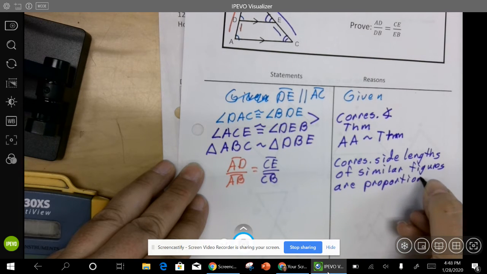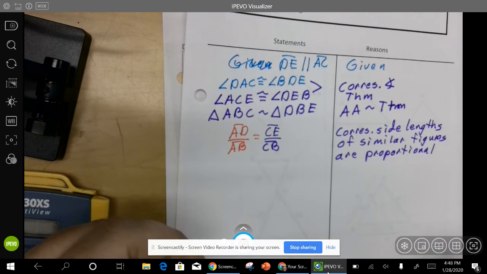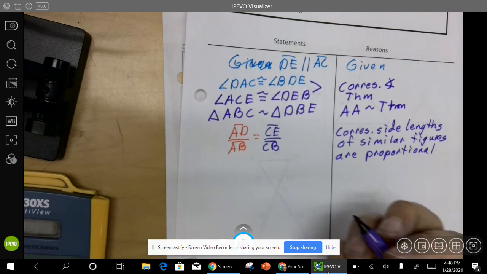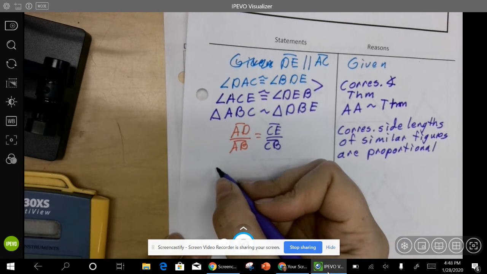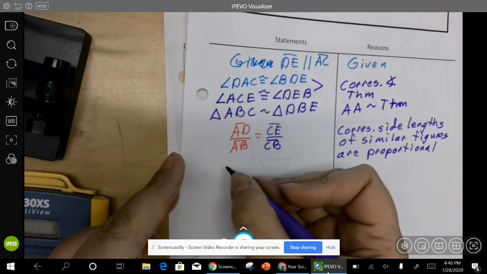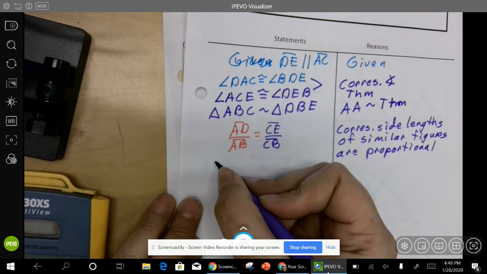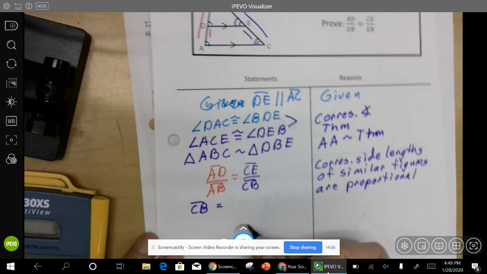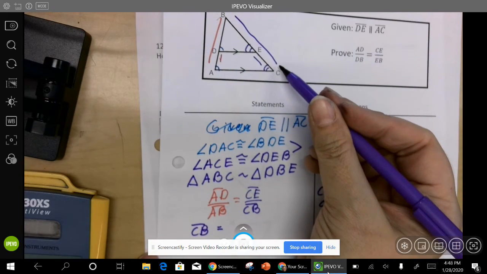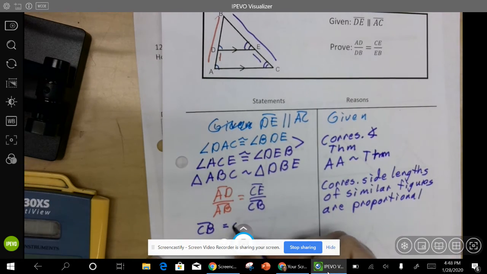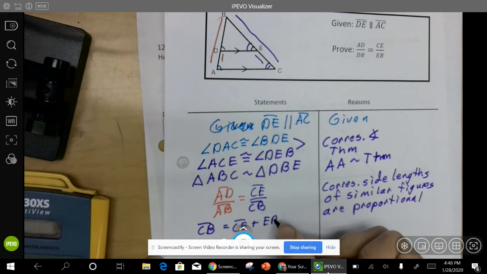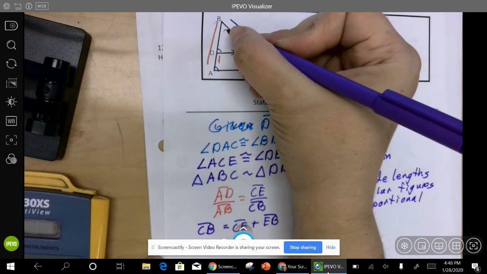Okay, so now what I know, so I can break it down. So I can look at it and I can go CB is equal to, if you look over here, CB is equal to CE plus EB. Okay, so plus this part.